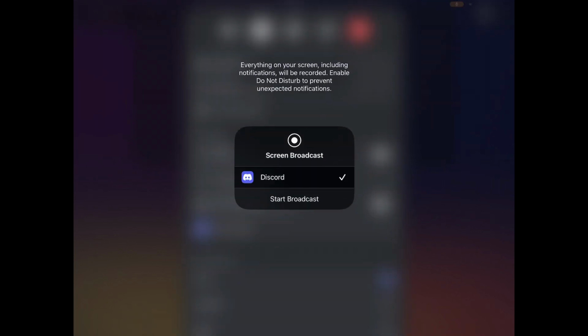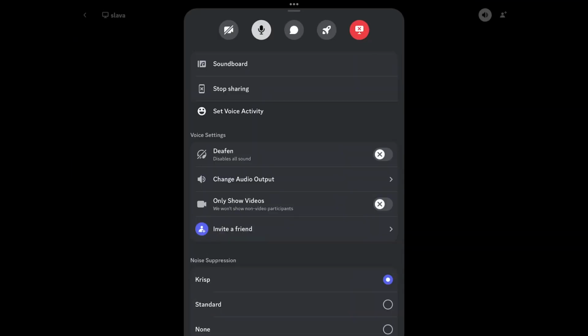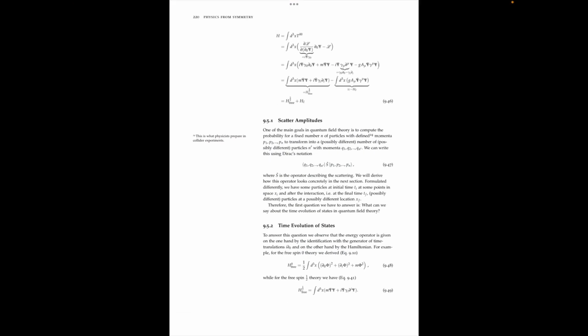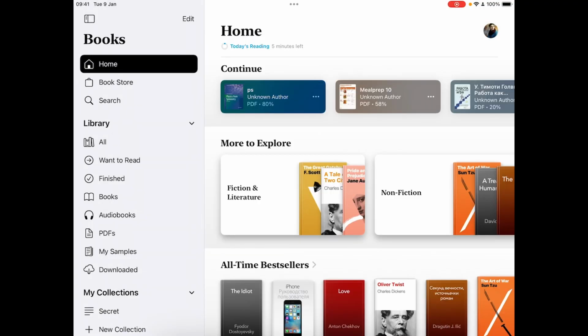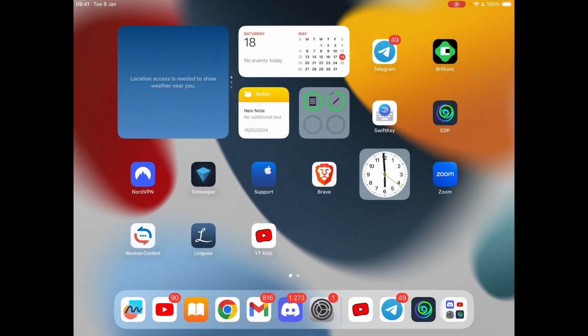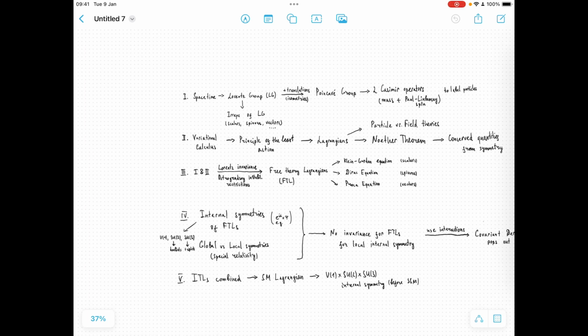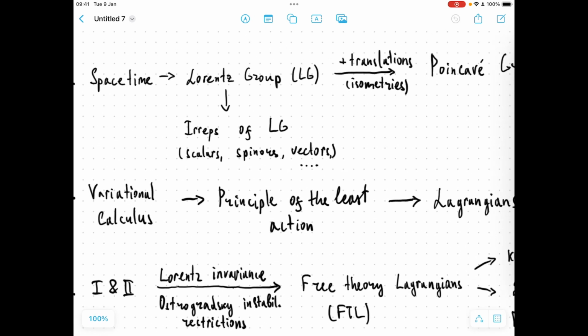Let me share my screen. I need to close this and open the book. Actually, not the book itself. I just misclicked, I wanted to open this. So I put everything into notes here.